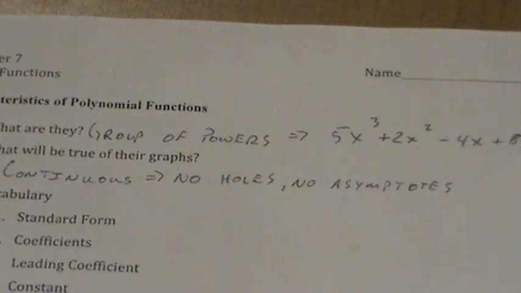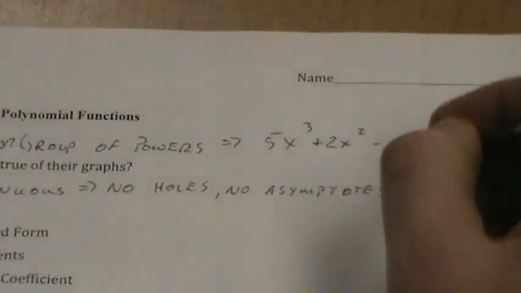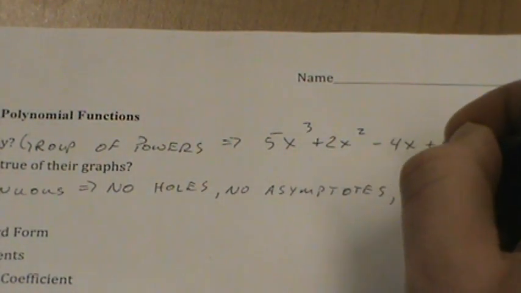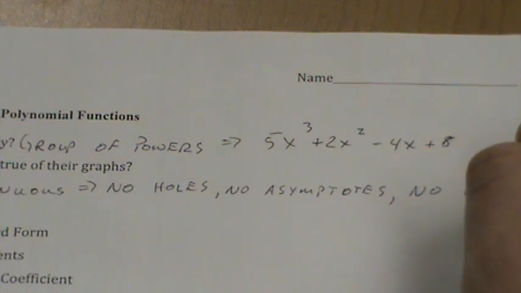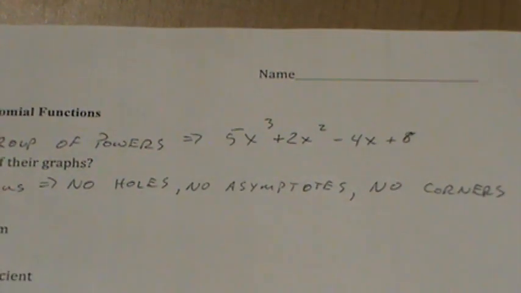Anytime you have a variable in the denominator, where there's some numbers that if you plug them in, you'll get an error, these will not be graphs of polynomials. The other thing is that polynomial graphs have no corners. So think of graphs like absolute value, which have a corner in them. Those will not be graphs of polynomials.